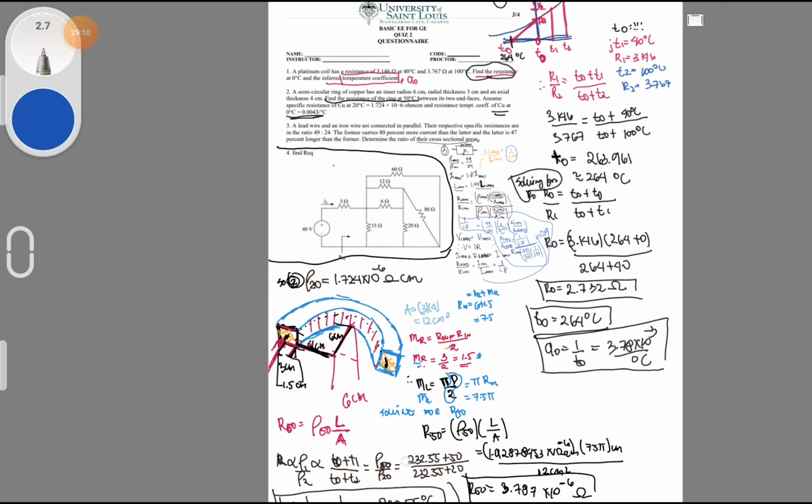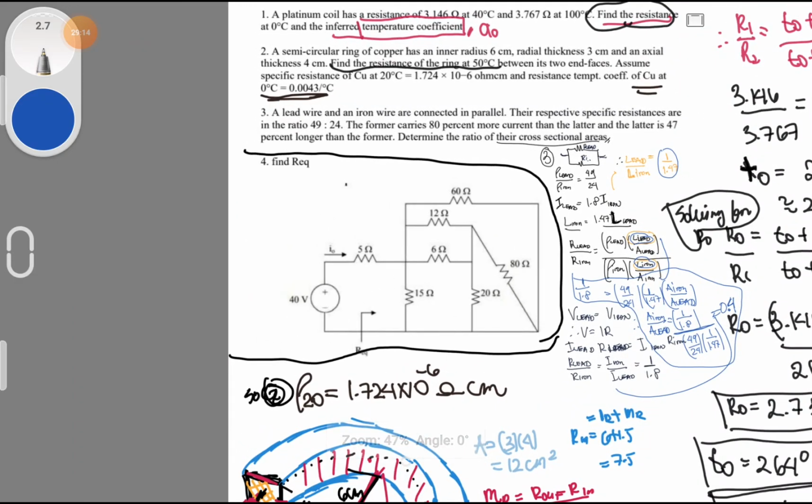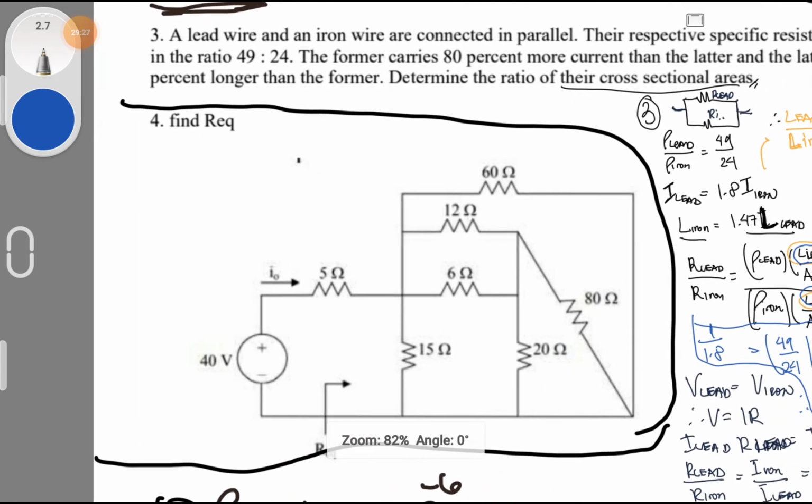Okay. For our number 4, we will find that, ito muna tayo. R12 is in parallel with 6 ohm. So, therefore, 12 is in parallel with 6.